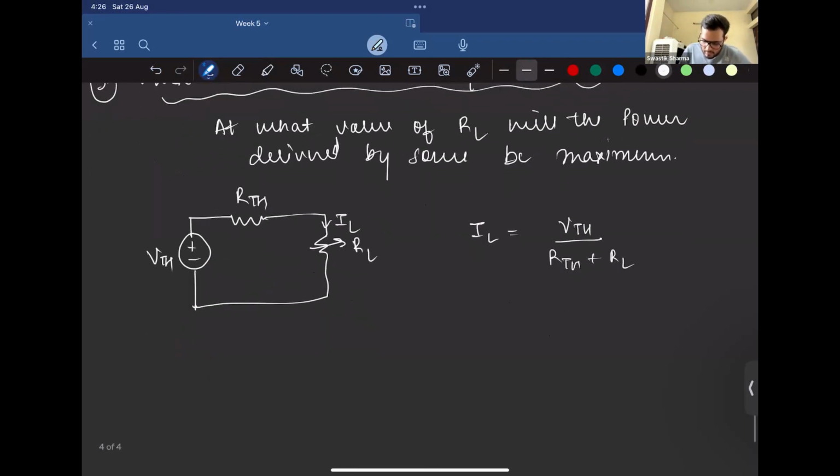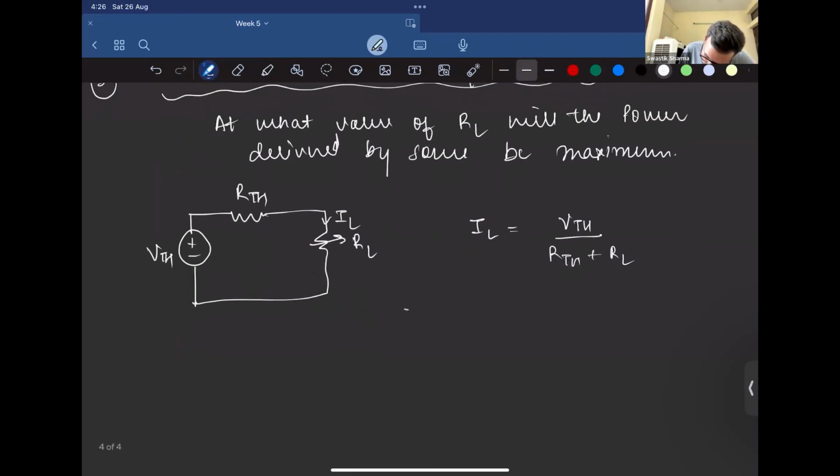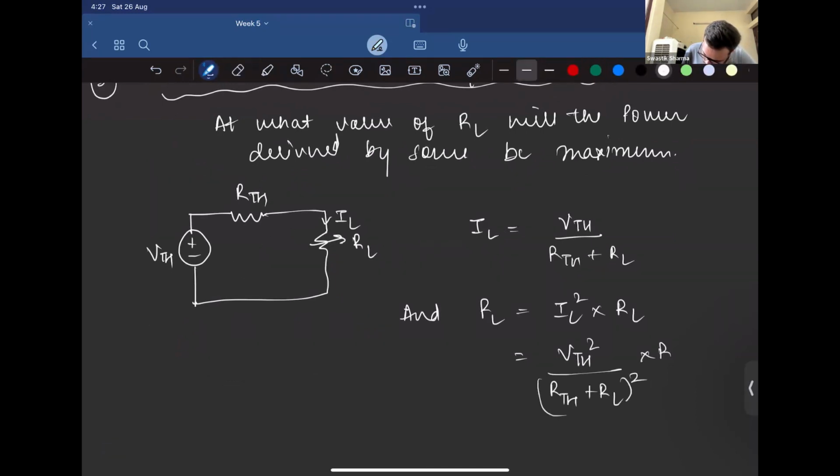And load power is denoted as IL square RL, which is nothing but VTH square upon RTH plus RL whole square, into RL. So Renessa, do you have any problem up until now? Can you just give me a confirmation?